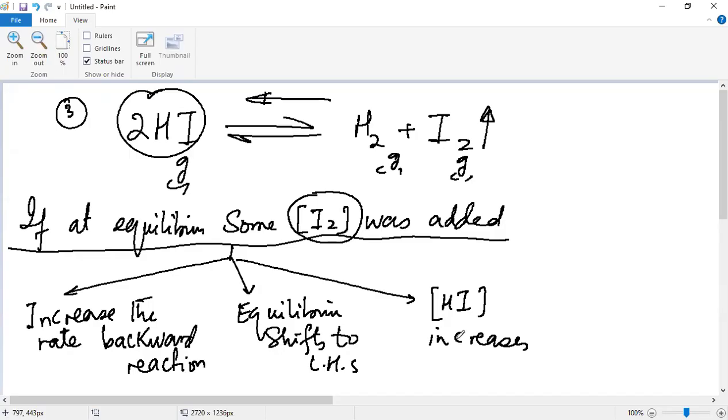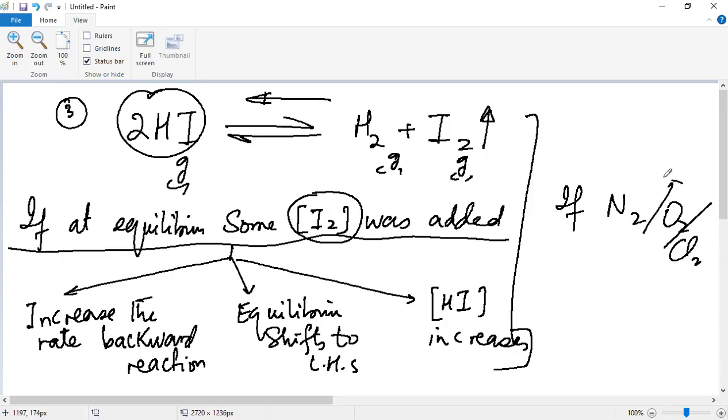It depends on which side you have changed. But sometimes the examiner adds something that's not even common to that reaction. Let's say some nitrogen was added into it, or oxygen was added, or chlorine was added. Nothing in these three, N2, O2, Cl2, is common with this reaction.